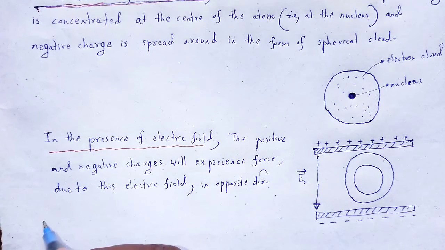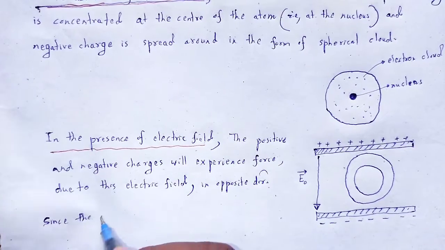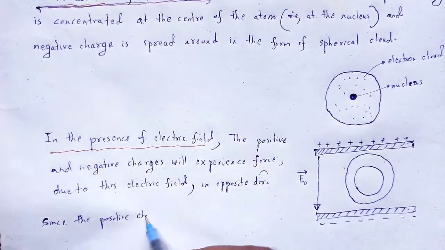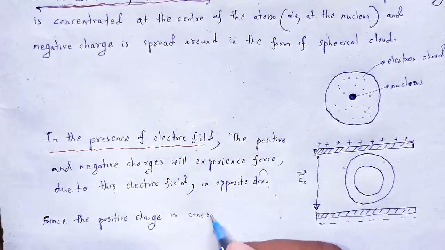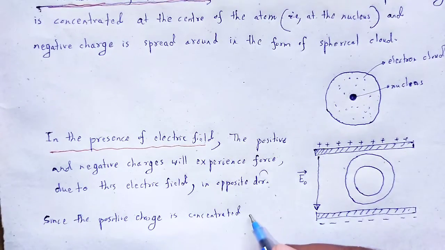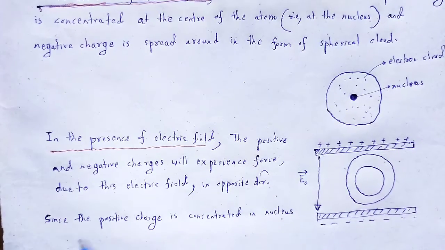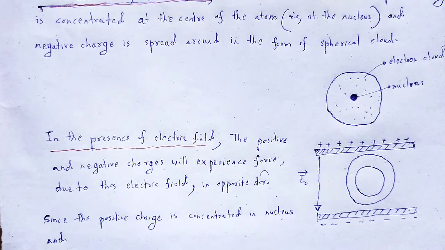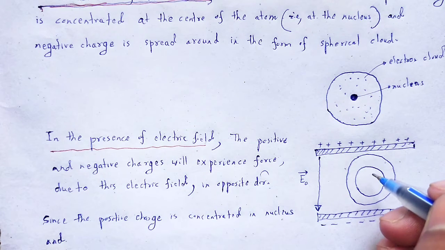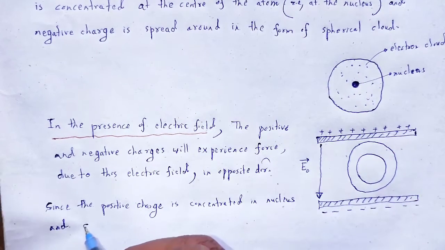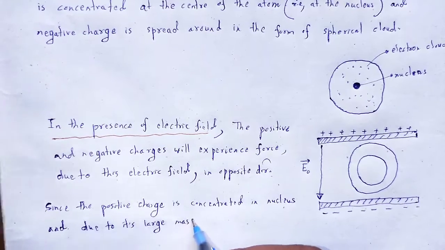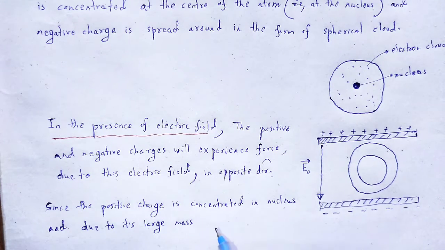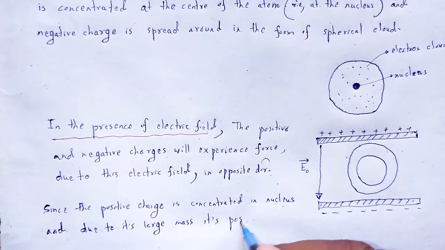Since the positive charge is concentrated on the nucleus, due to its large mass, its position remains fixed.